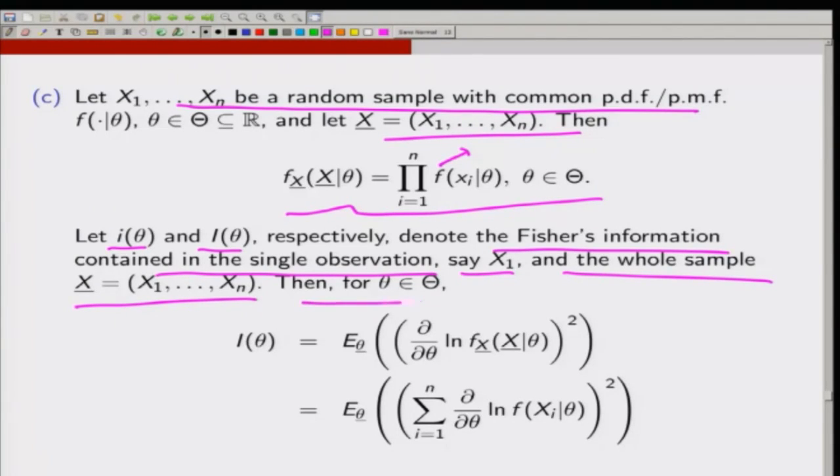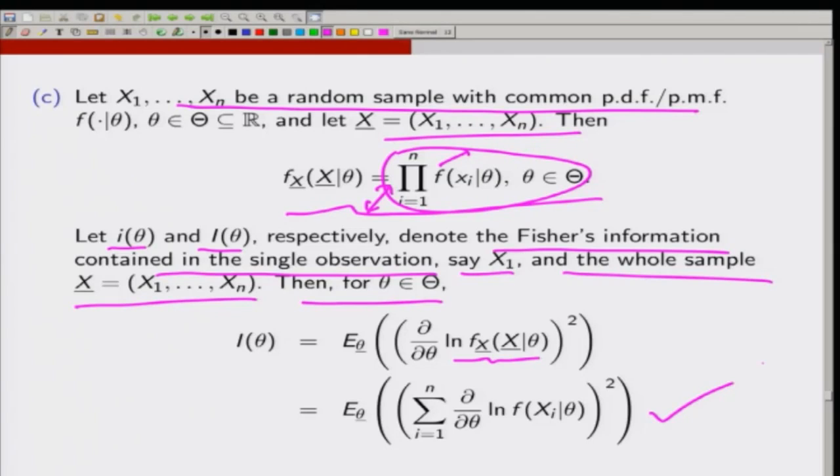Then let us look at what is capital I(θ), which is actually the expectation of (∂/∂θ log f(X|θ)) whole square. So, log of this quantity, but log of a product is the same as a sum of logs, and when you take the derivative, it becomes ∂/∂θ log f(Xi|θ), whole square.